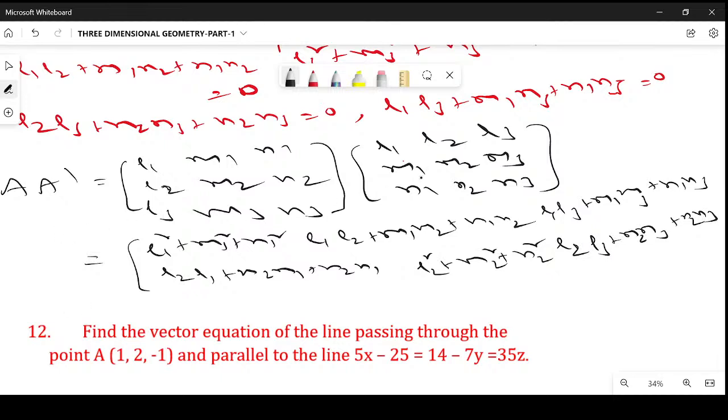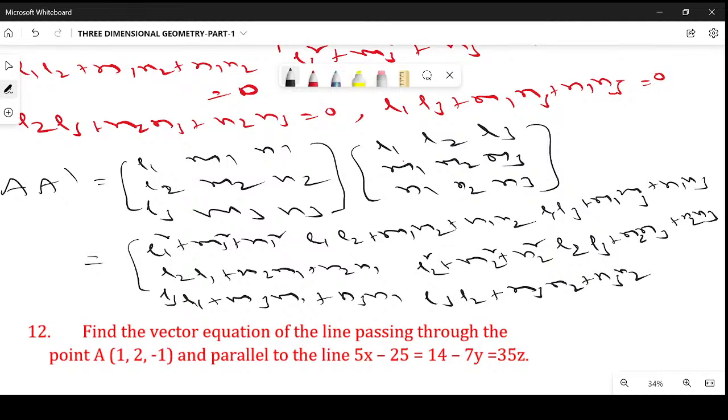Now third row with first column: L3 L1, M3 M1, N3 N1, and L3 L2, M3 M2, N3 N2.